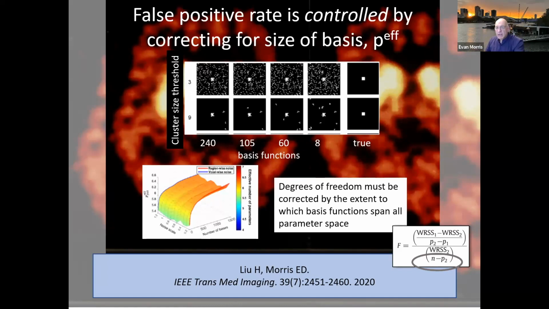And so it's not right to penalize the weighted sum of squares in the F statistic by the full number of parameters in each of the basis functions. And you can see in this image that as you go from left to right, whether you're on the top row or the second row of the image, the number of basis functions no longer affects the false positive rate. There are null voxels everywhere except in the very middle.